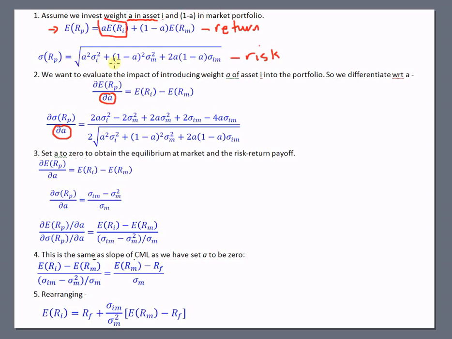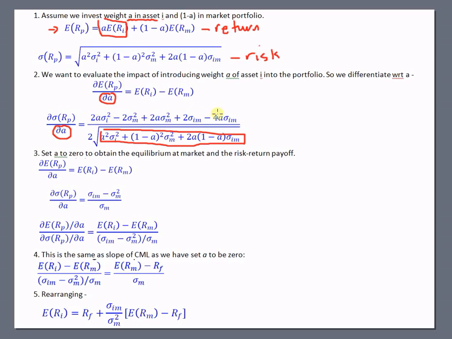Okay, so this is to the power of half. We bring down half, and then we minus the power by 1, so it becomes minus half here. And then we have to differentiate whatever that we have inside, which is this expression.